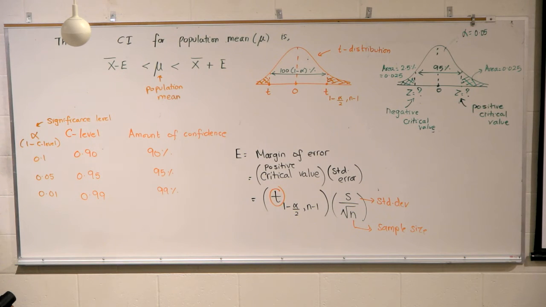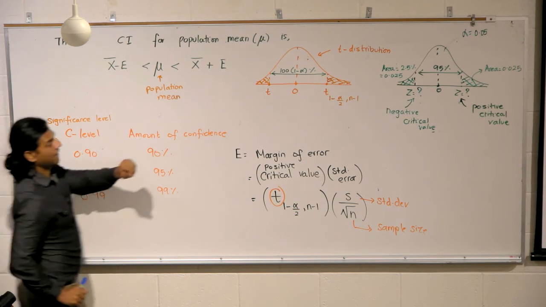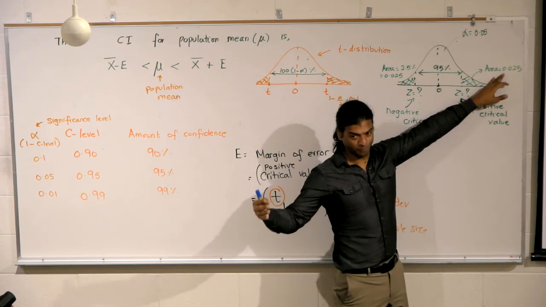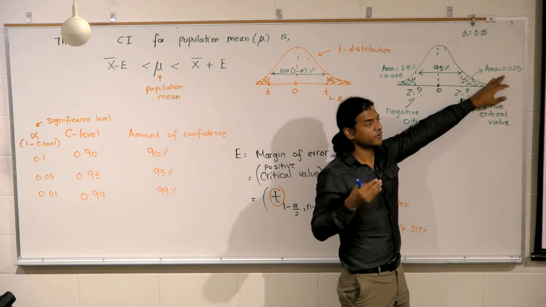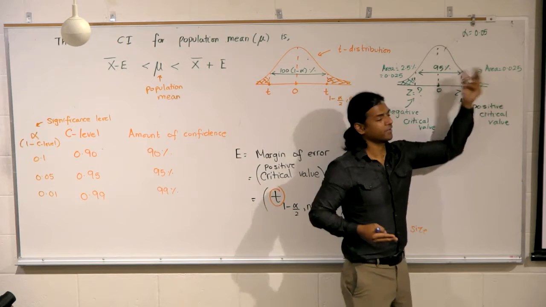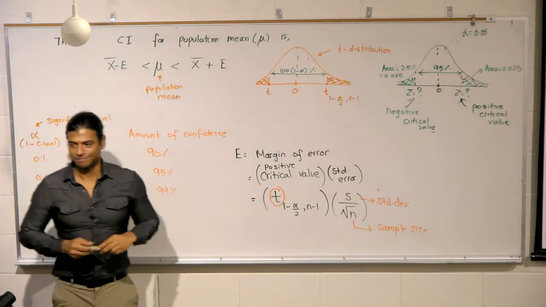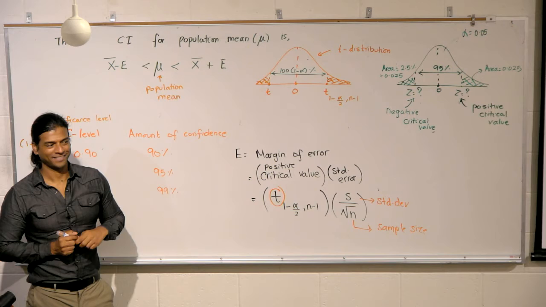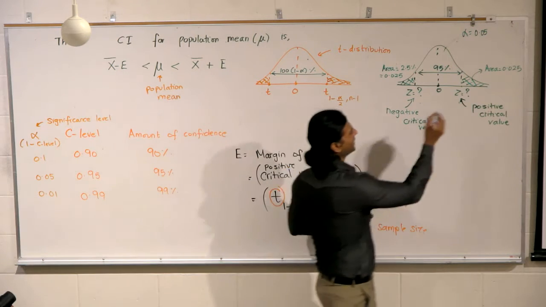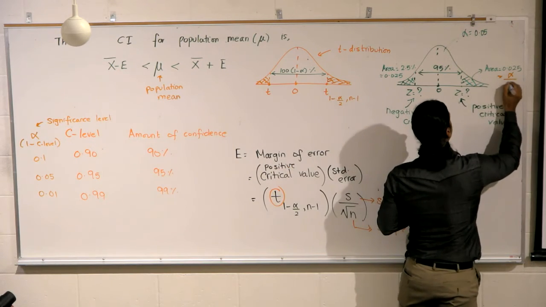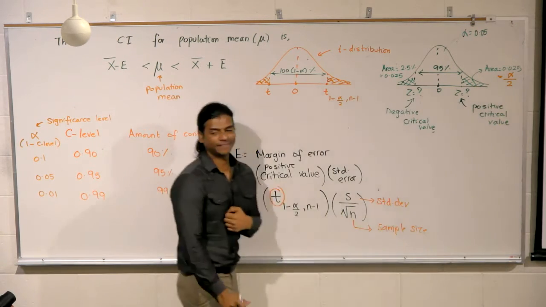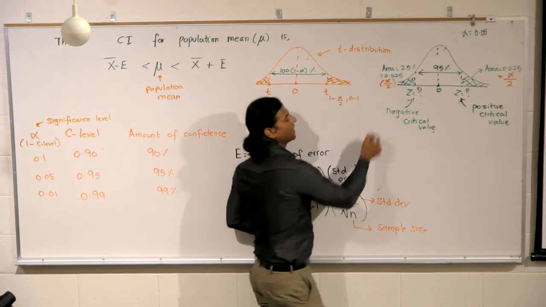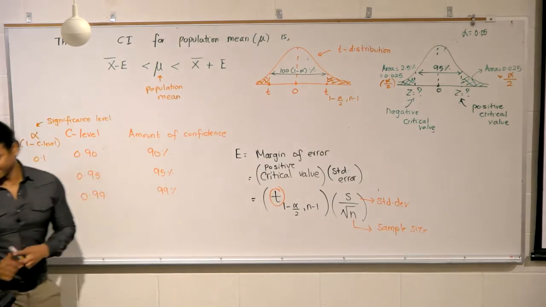So alpha is 0.05, and that area is half of 0.05. So in terms of alpha, how can I write that? Thank you, Hannah. Alpha divided by 2. Right? Same over here. Alpha divided by 2. Good.